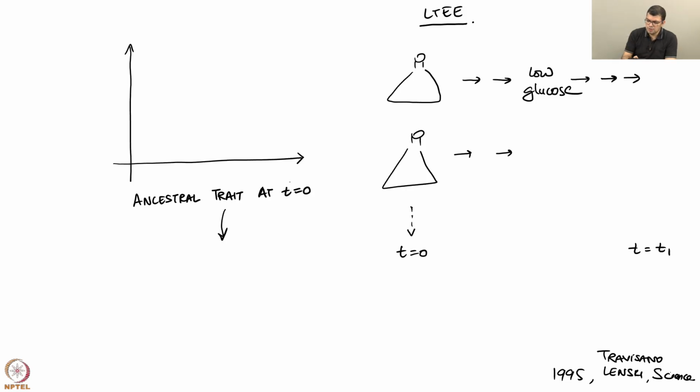The trait could be how well these 12 lines are growing on galactose, how well they are doing on maltose, or anything. It could even be how big the cells are. We know from evolution experiments such as LTEE and others that as cells become fitter, they increase in size.